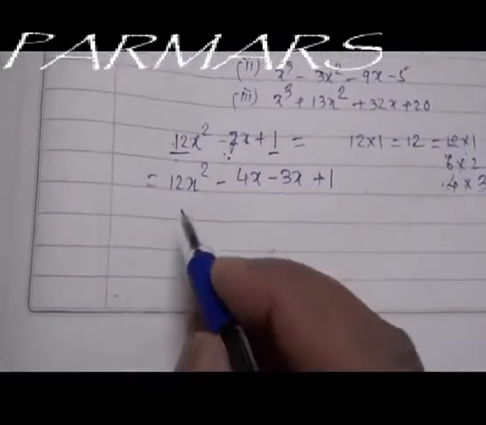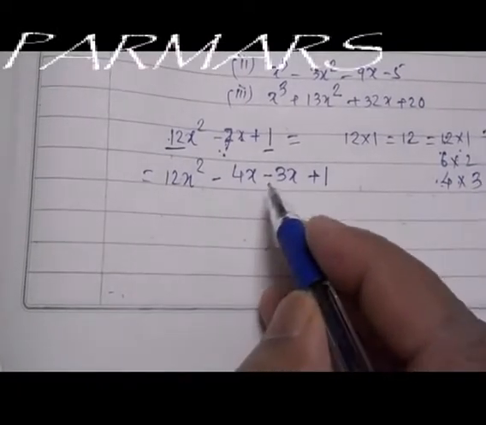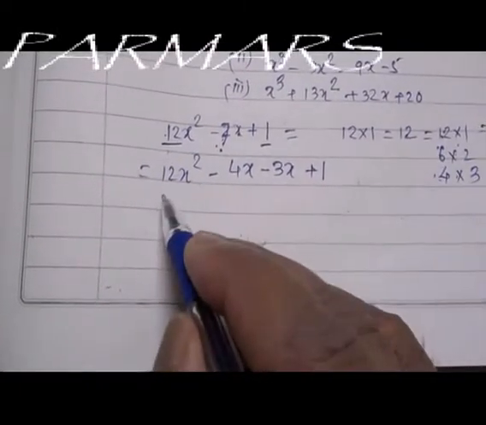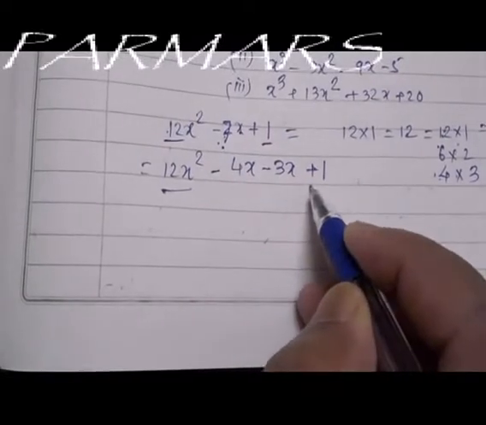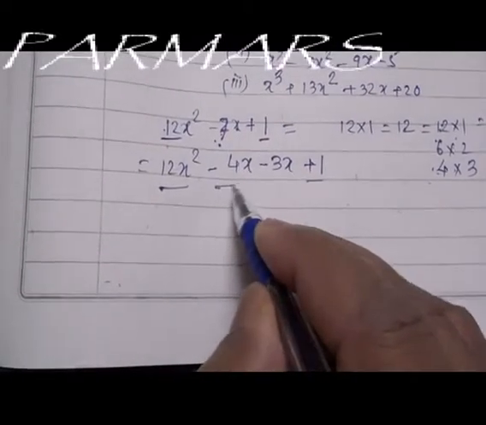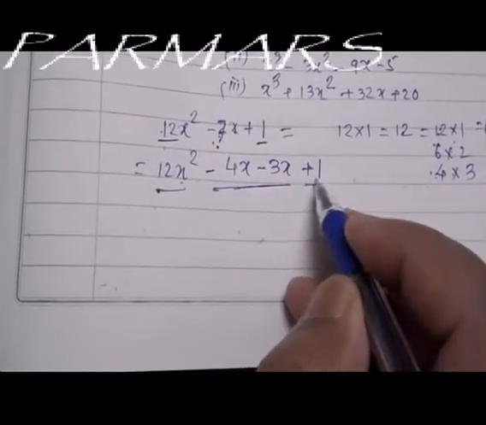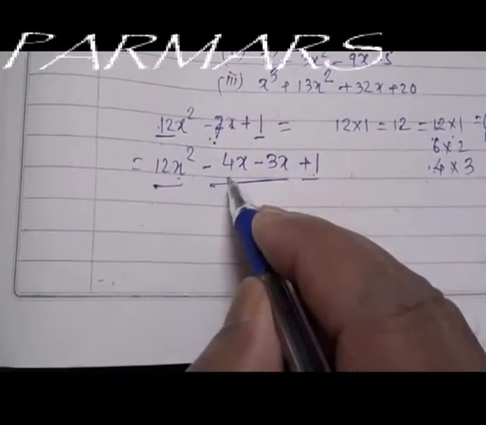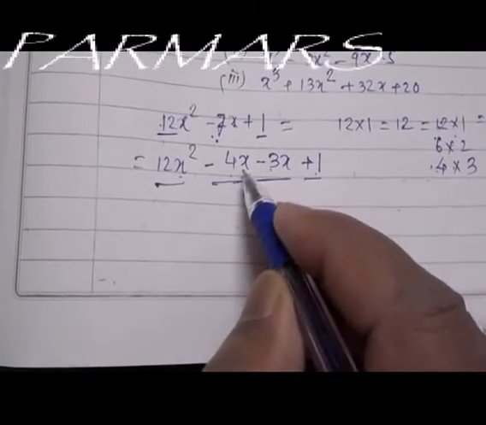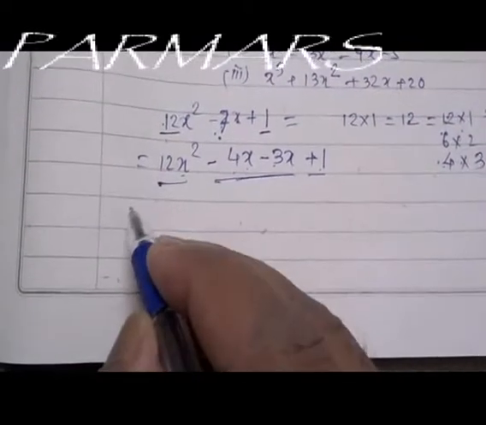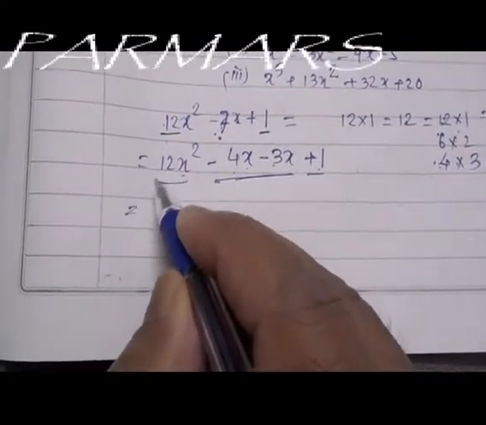One more thing, when you split the middle term, you just check that the product of these two must be equal to the product of these two with sign. 12x square into 1 is 12x square, minus 4x into minus 3x is again plus 12x square. Now make a pair.